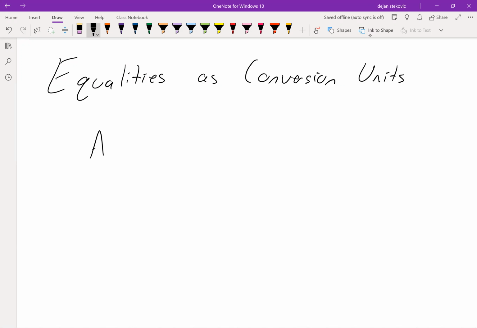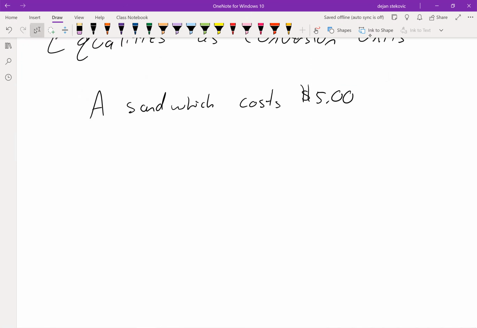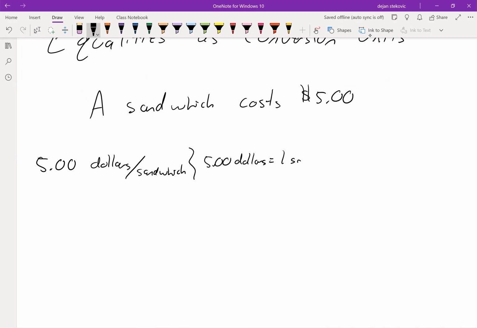So for example, you could say a sandwich costs $5, right? There are different ways that we can write out this sentence to use as conversion units. We could say $5.00 per sandwich. We could say that $5 equals one sandwich.